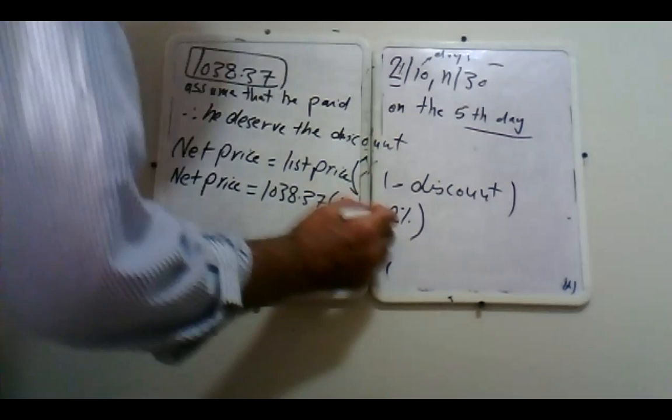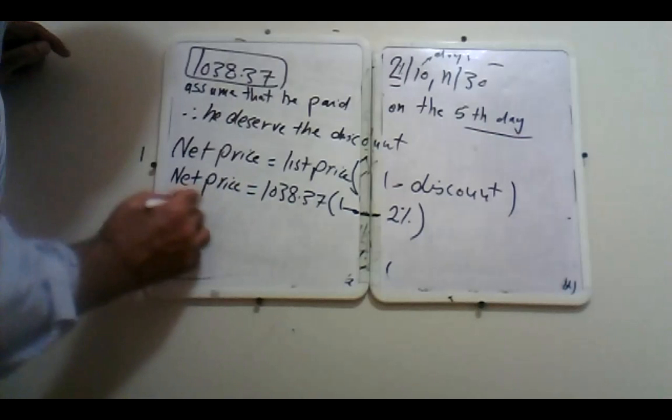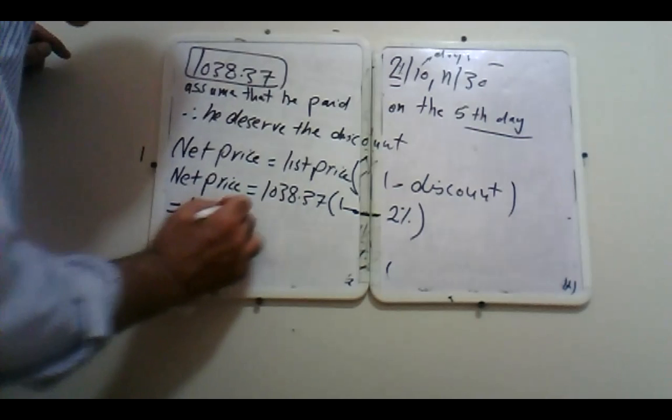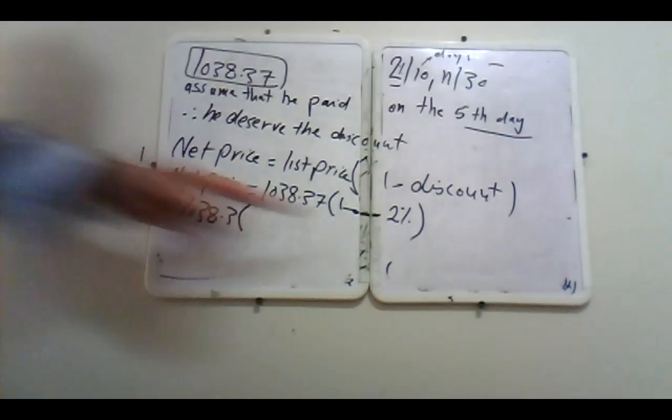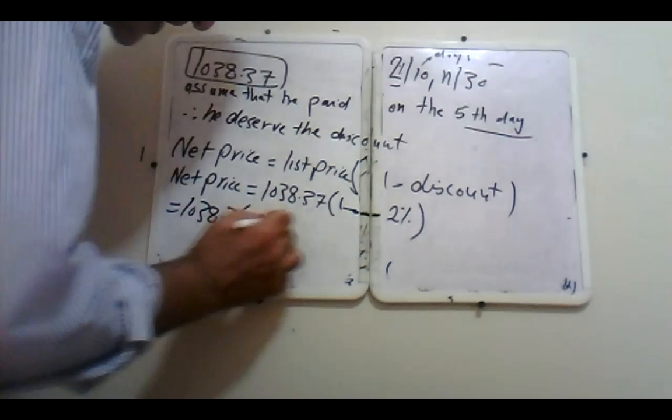That means the net price will be 1038.37 multiplied by 1 minus 2%, which is 98%.